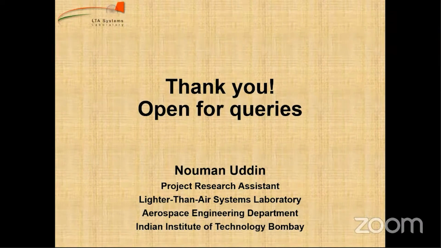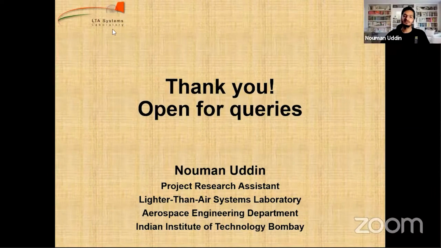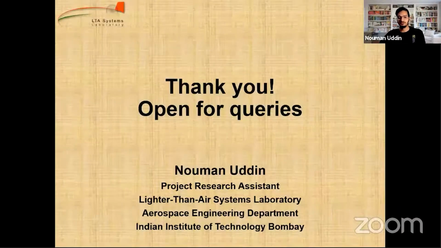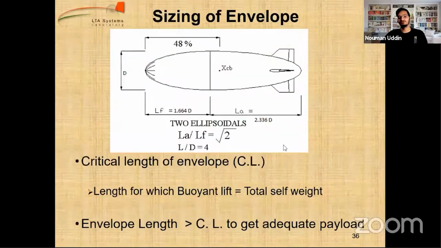I don't get the critical length point. Yeah, critical length is the length of the airship at which the lift is equal to the total self weight of the airship. When we start our methodology, we guess a length, then we estimate the volume, then we proceed with the whole process.